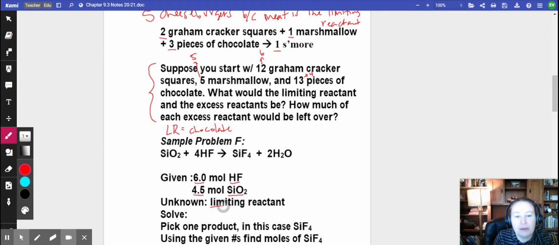And then the limiting reactant is whatever makes the fewest number of moles of product. Since I have 2 products here, we get to decide which product we're going to make. It's not like where I just made 1 s'more before. We have 2 products. So I'm going to choose the SiF4 kind of randomly, mostly because there's just 1 of them being formed.